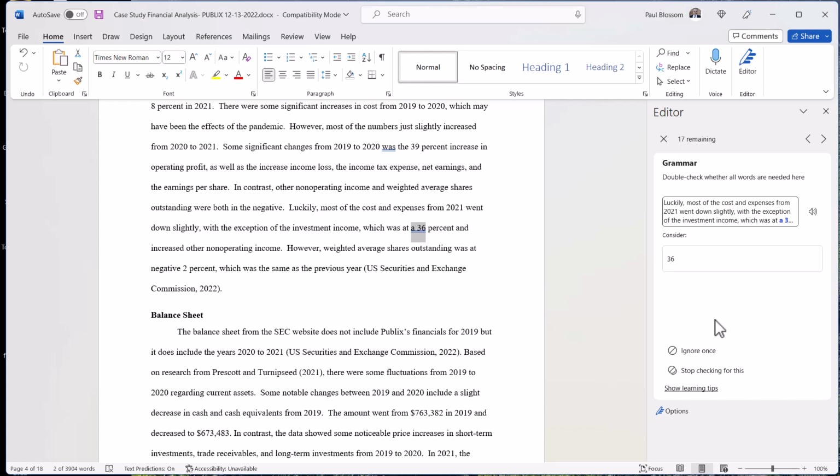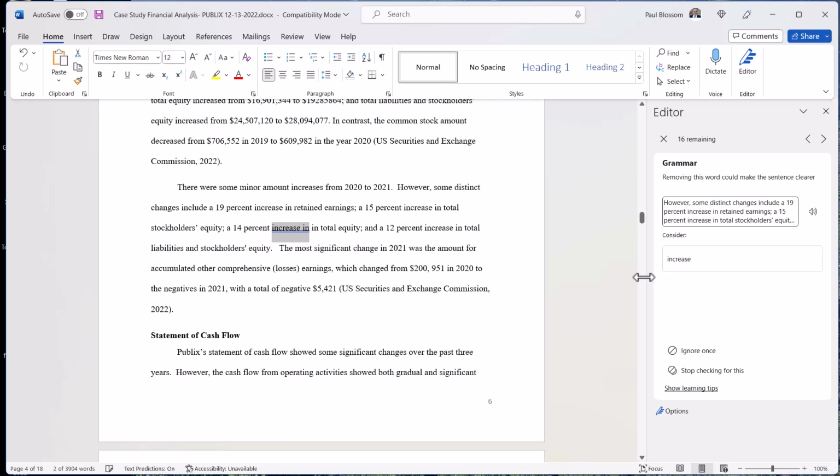Let's read the whole sentence because I think there's a problem with the whole thing. Luckily, most of the costs and expenses from 2021 went down slightly, with the exception of the investment income, which was at 36% and increased other non-operating income. Now, technically, that should be up or down 36%. We'll just put 36 in there.